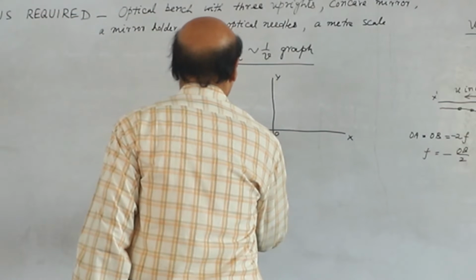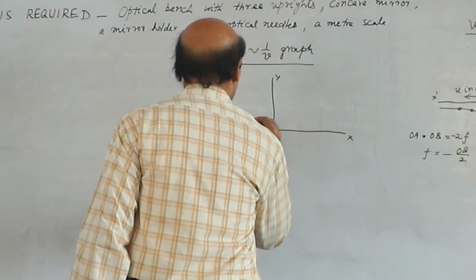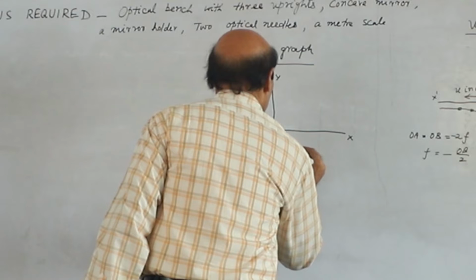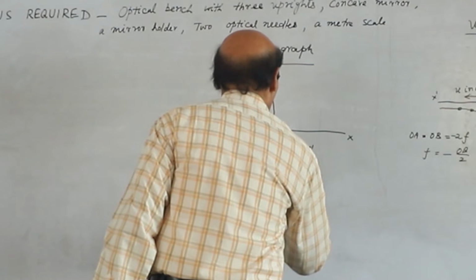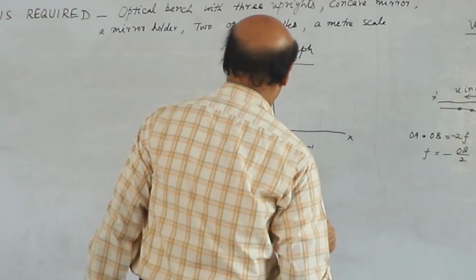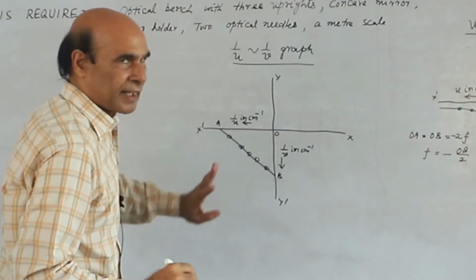This is 1 by U in cm inverse, and this is 1 by V in cm inverse. The nature of the graph is a straight line like this.